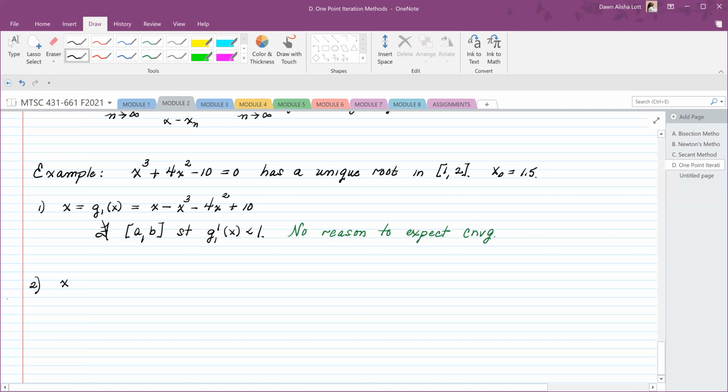So the second one is going to be g2 of x. And this is the one where I actually solve for x squared. When I solve for x squared, I got the square root of 10 over x minus 4x.